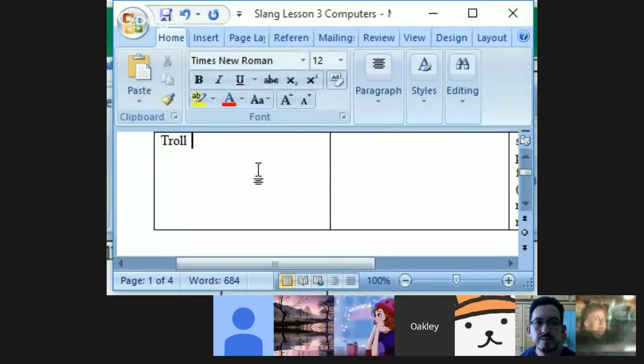You will see posts in forums and message boards, comments for articles. You will see people write things like, back under your bridge.